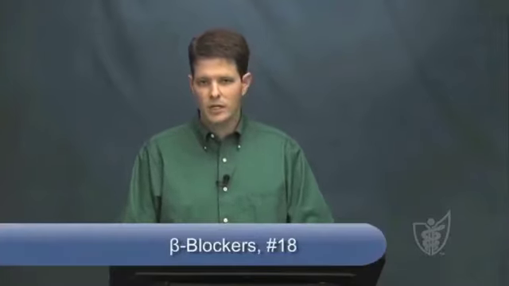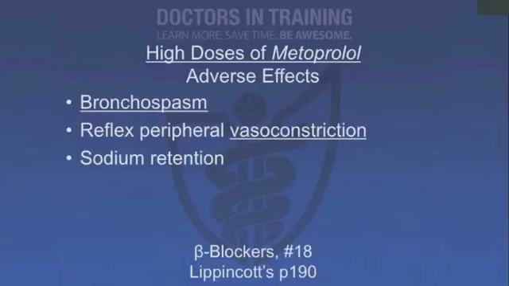Metoprolol is cardioselective. It's more selective for beta-1 receptors at low doses, but when you get to higher doses, it becomes less and less selective. Metoprolol can cause decreased glycogenolysis and decreased glucagon secretion. The beta-2 blockade that you get at higher doses can cause some bronchospasm, some reflex peripheral vasoconstriction, and some sodium retention.